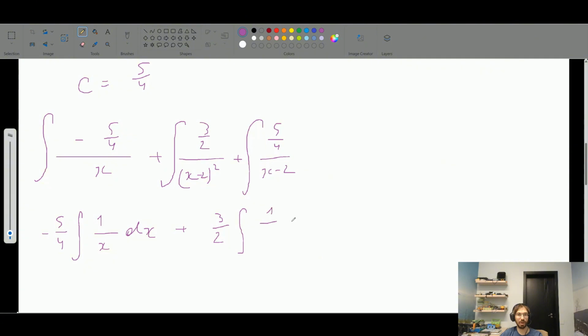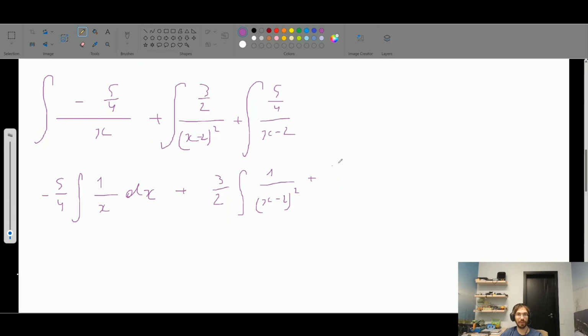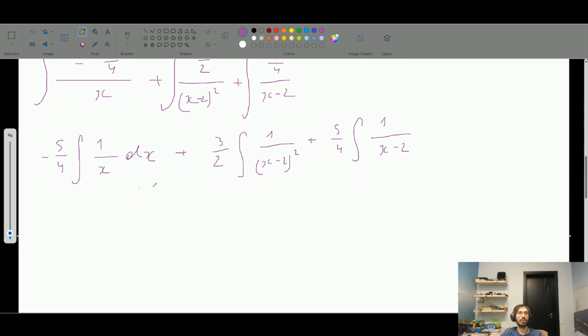We will have 1 over (x minus 2) squared. And then the third integral will be 5 over 4 times the integral of 1 over x minus 2. Of course, everything dx. I'm sometimes skipping those dx's for the sake of saving time, but ideally you must write it.